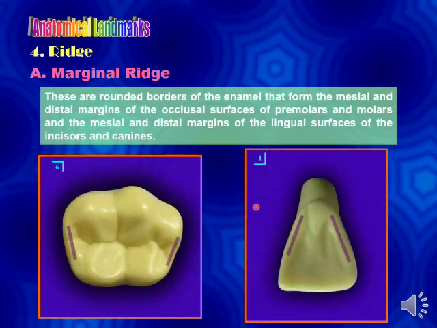These are rounded borders of the enamel that form the mesial and distal margins of the occlusal surfaces of premolars and molars, and the mesial and distal margins of the lingual surfaces of incisors and canine. This place is the marginal ridge, the rounded border of enamel, present on the mesial and distal margins of the posterior teeth, and on the mesial and distal margins of the lingual surface of the anterior teeth.